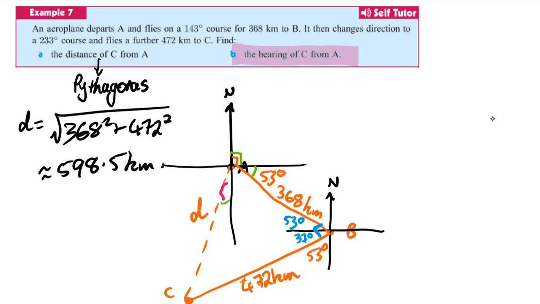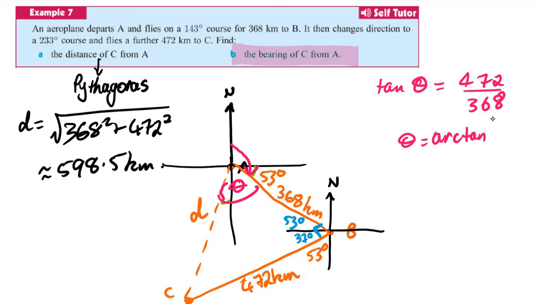Let's look at the idea that it's 143 degrees to there. Ultimately what we have to do is find theta. So let's start with that. And I'm going to use tan. Tan of theta is opposite, 472, over adjacent, 368, which is equal to the arctan of that fraction, which is approximately 52.1 degrees.